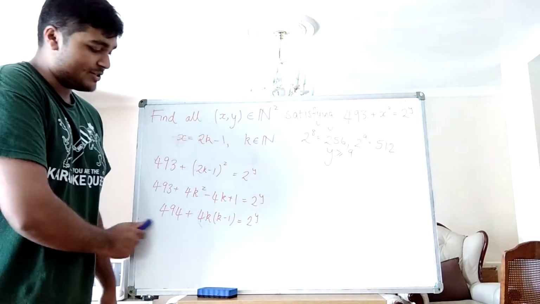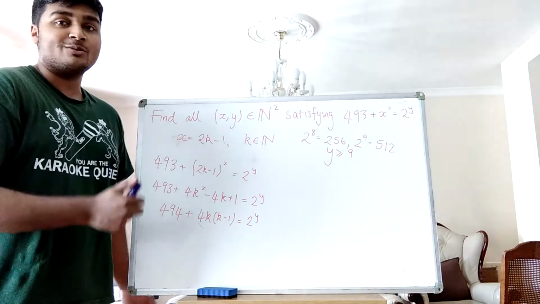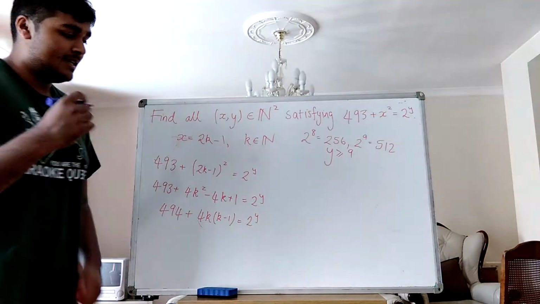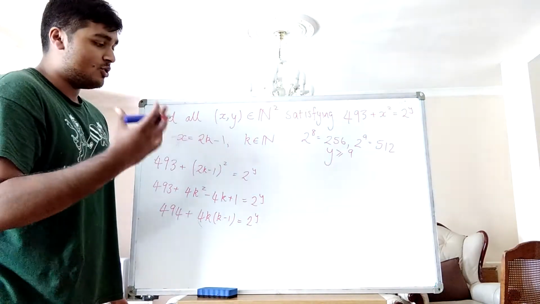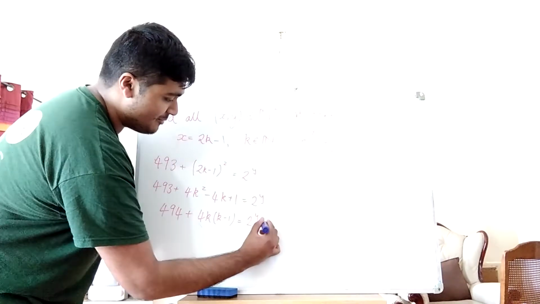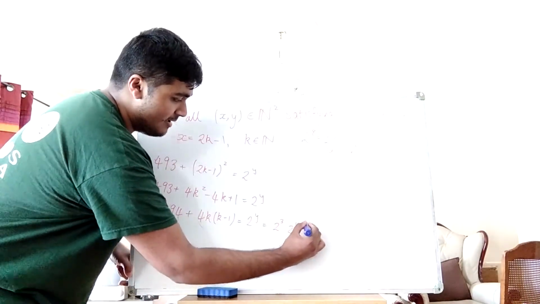So going back to the equation we derived, we know that y is at least 9, but in particular it means that y is at least 3. So 2 to the y is going to be divisible by 2 cubed, i.e. 8. We can write this as 2 cubed times 2 to the y minus 3.